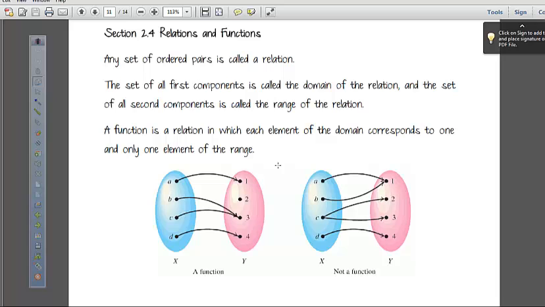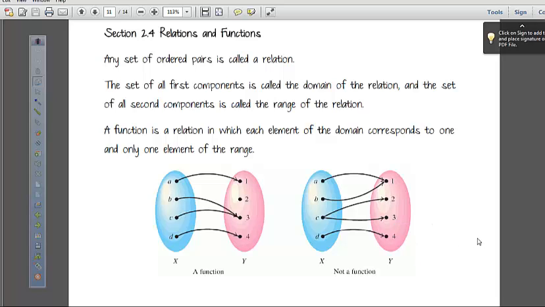This makes up a function because every element goes to exactly one element in the range. Even though these two go to the same one, that's okay. However, this is not a function because we have one point that's going to two different values. That's not a function.